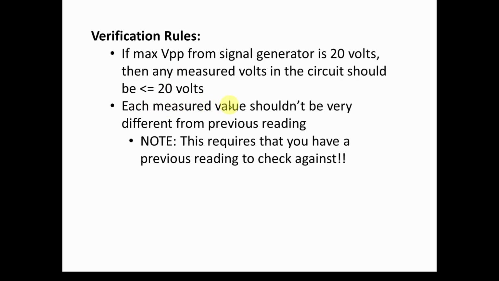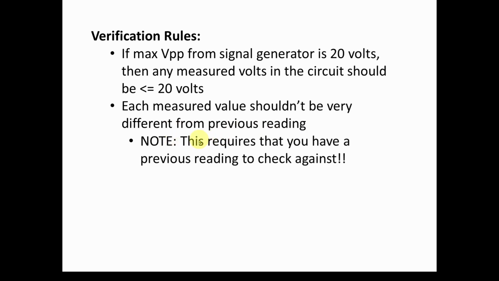Also, each measured value shouldn't be very different from the previous reading. Again, that's going to vary depending on how you're implementing this, but you got to make sure that if you have a reading of 2 volts and then the next reading a second later is 3,421 volts, probably there's an error right there, right? So you got to make sure that you're not having big variations between readings.